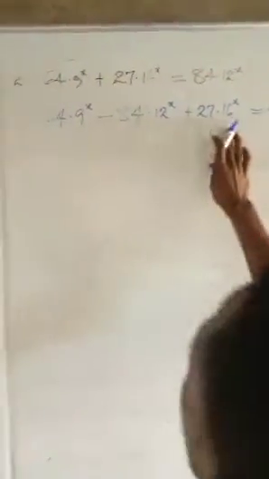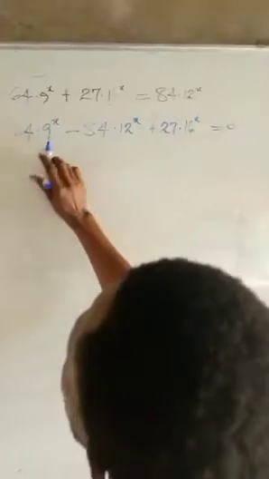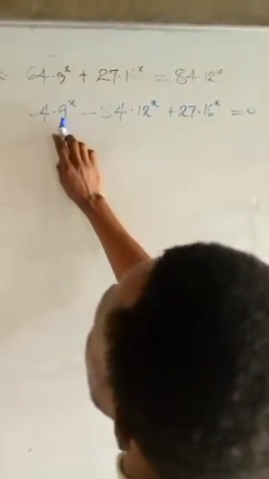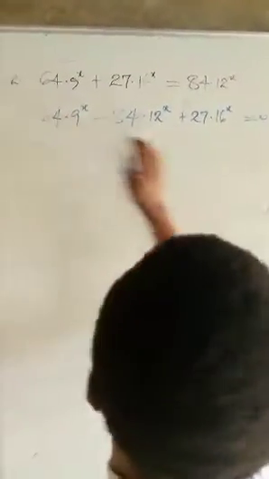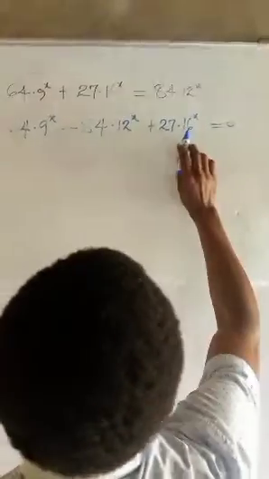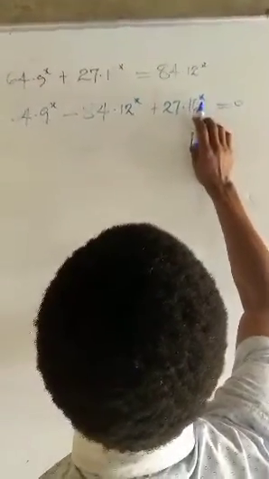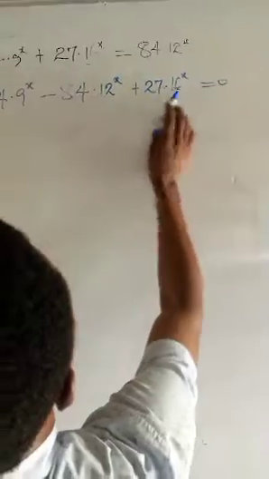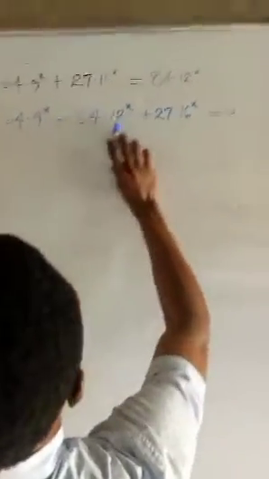You can see here that this one can be written as 3 raised to power 2, and this one can be written as 4 raised to power 2. And the product of 3 and 4 is inside this place.